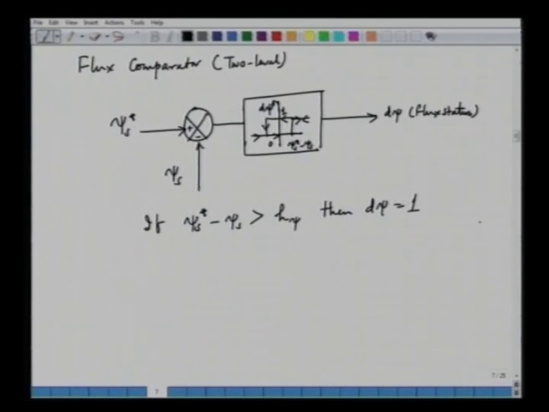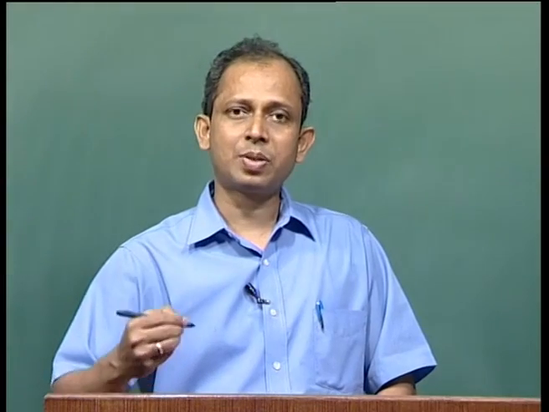And if psi s star minus psi s is greater than minus h psi and less than h psi, it means the flux error is within the band, and d psi is equal to 1, then d psi stays equal to 1. So, if it is within the band, the previous status is maintained.